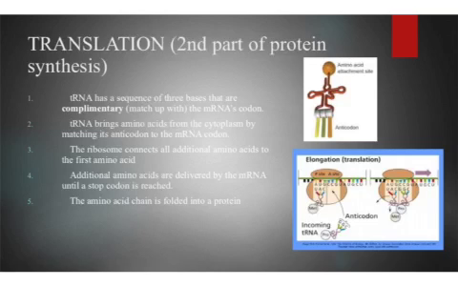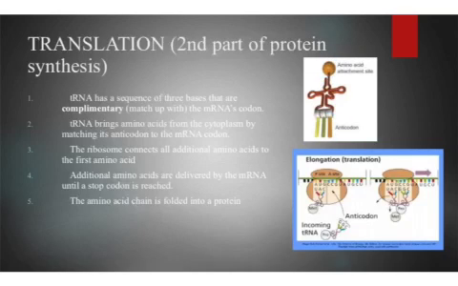The second part is called translation. This is where the mRNA is actually translated into a protein. So the tRNA is going to be floating around in the cytoplasm, and it's going to be carrying this amino acid up here with the anticodon.